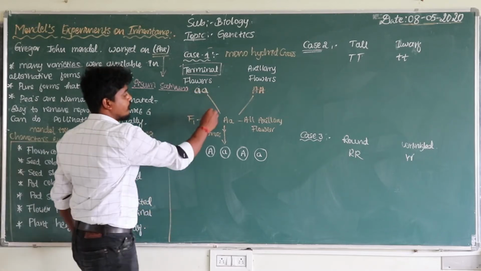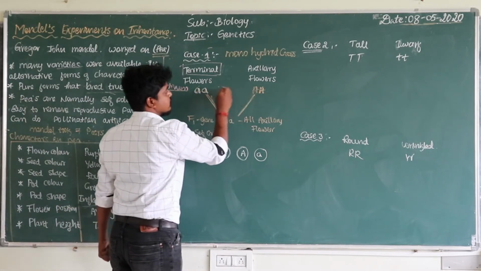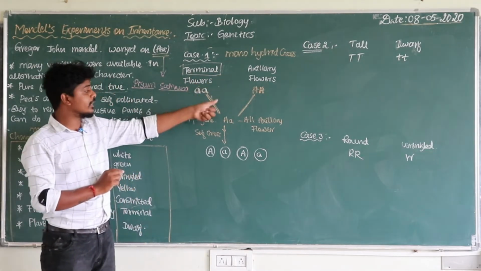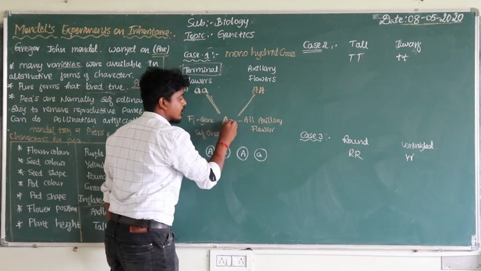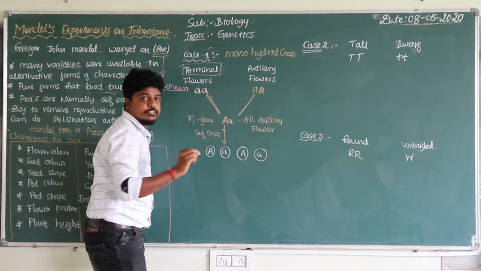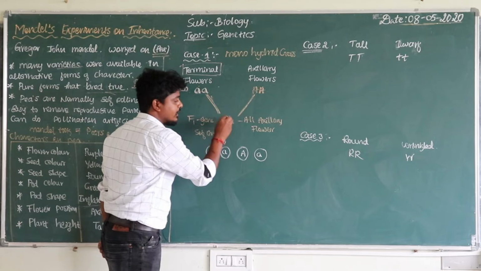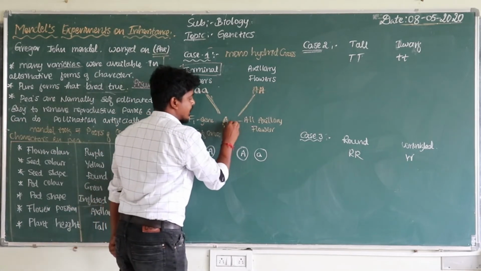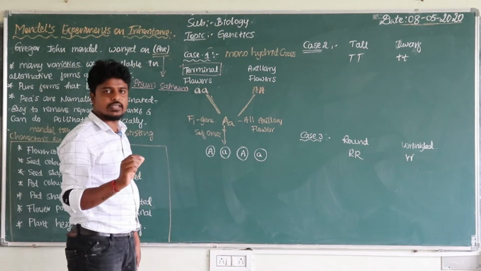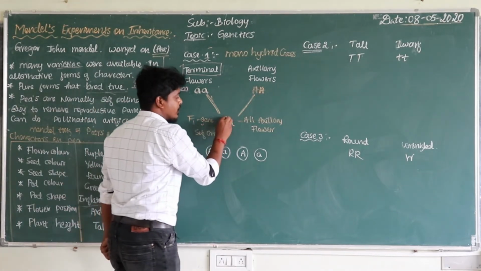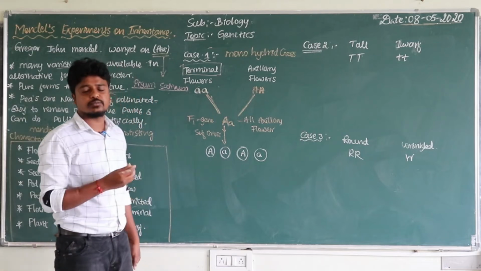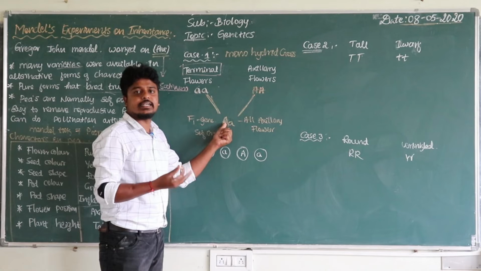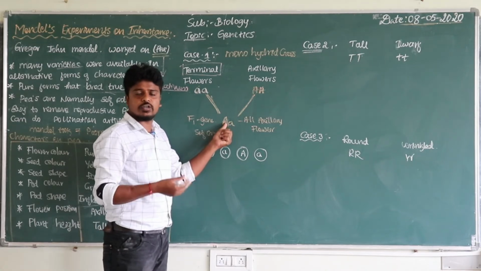Have you understood? So if you take this, when you cross the first generation, when you cross the terminal flower and the axillary flower, you will get the first generation, capital A and small a, which means capital A dominates the other character. So whenever you have a cross with different types of plants or whatever it is, the first letter of the trait will indicate the height, the position, the color.